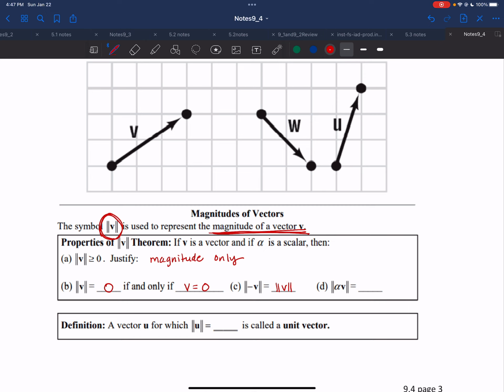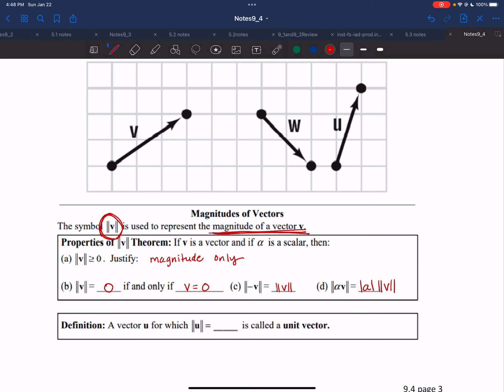It's kind of like absolute value, but not really, because the concept is absolute value, but then you're not having a direction. So maybe that's why they have the two lines. And then the last one is a, or alpha, times v, the double bar, is going to equal the absolute value of a, because it's not a vector, we can't do the double bars, right? Times our value of v, which can be inside those double bars.